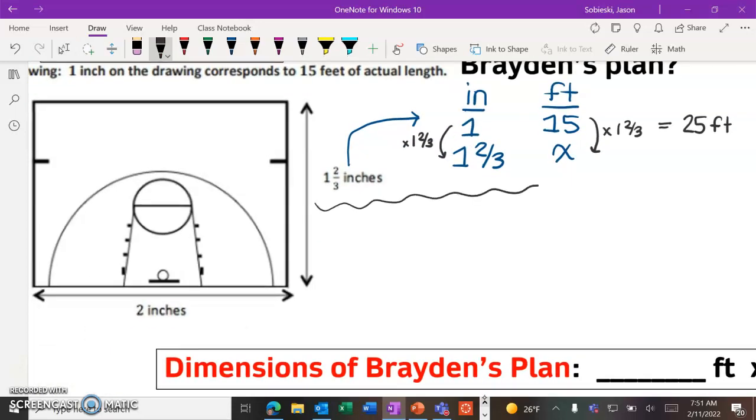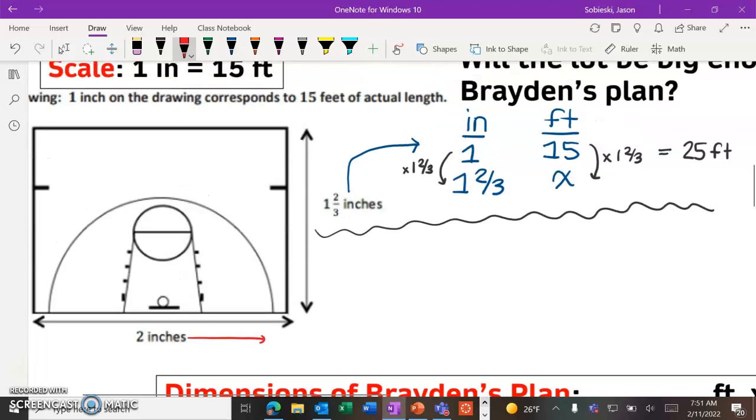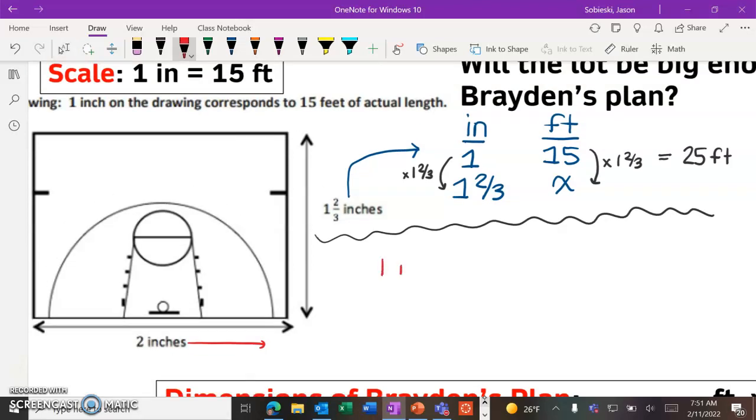But for the other side, for the 2-inch side, we're going to use something different. We're going to use a proportion. So we know that this one is 2 inches. Same thing, they give us our scale. We know that 1 inch is related to 15 feet. There's our scale, and that should be equal to another fraction.